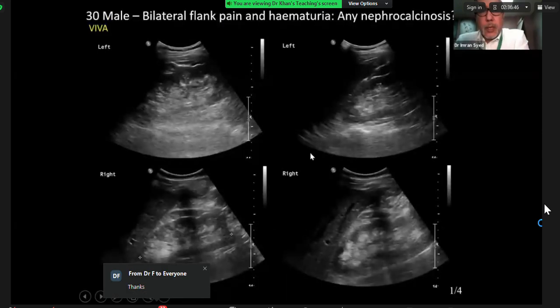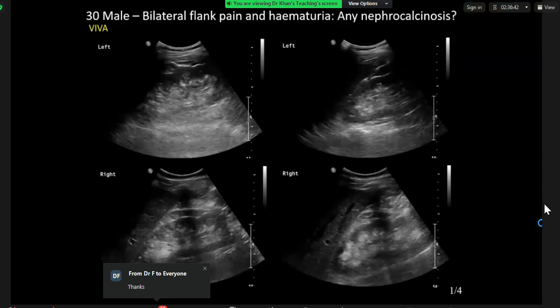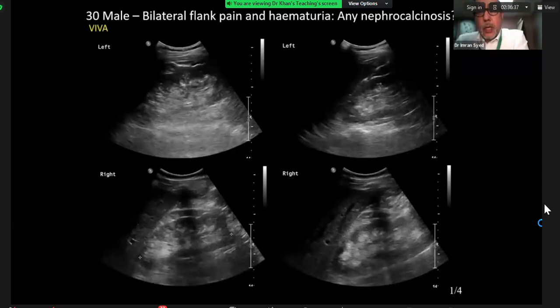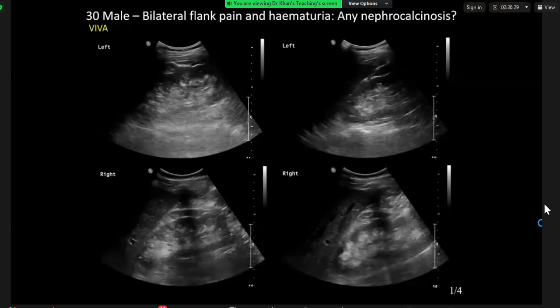Now, we've got another case here. This is a 30-year-old male who has bilateral flank pain and hematuria. Do you see any nephrocalcinosis on these ultrasound images? So in the lower images, I can see some hyperechoic foci within the cortices, more so on the lower left image.